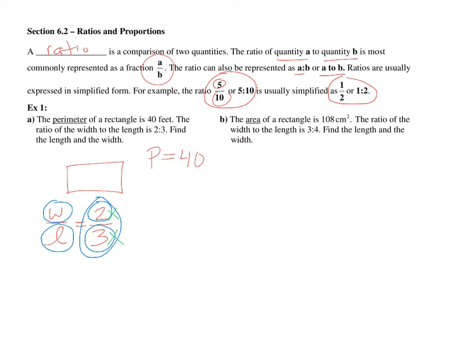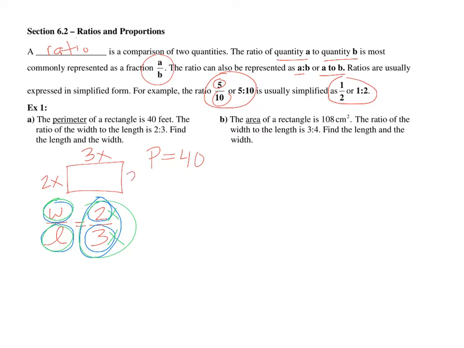They divide evenly into both of the original numbers, and we end up with 2/3. So what I really have for w is 2x, the shorter length, and the length is 3x. This is the key idea behind understanding how to do these problems.